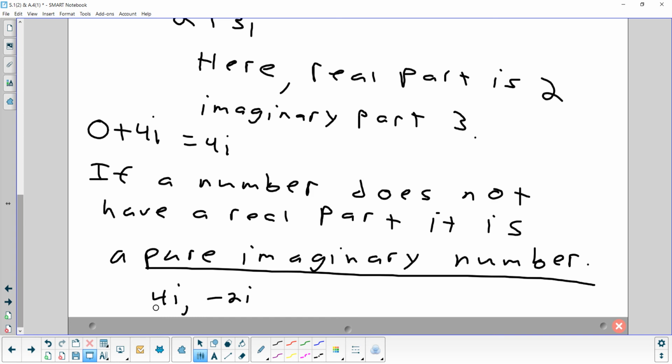The imaginary part is 4. The next one is negative 2i. If I asked you what the real part is there, you'd say 0. Imaginary part, negative 2. Okay, any questions on that?